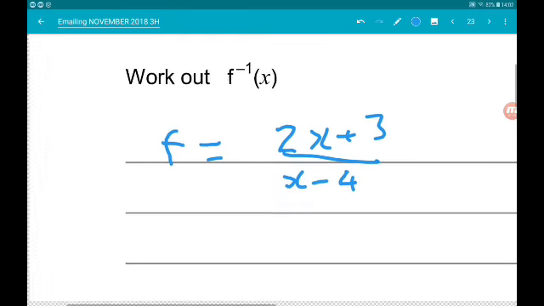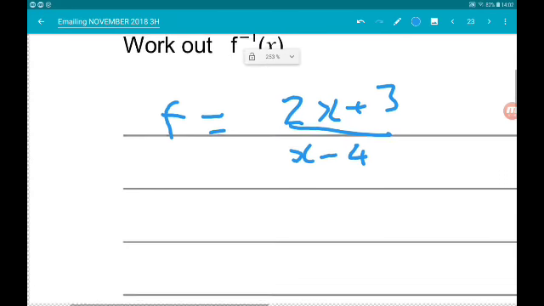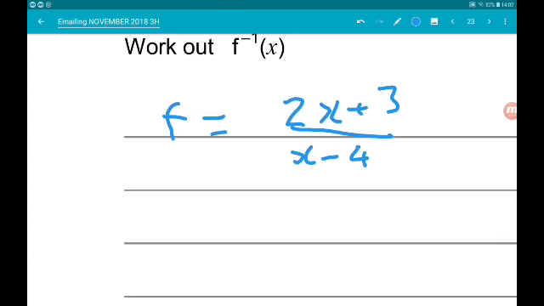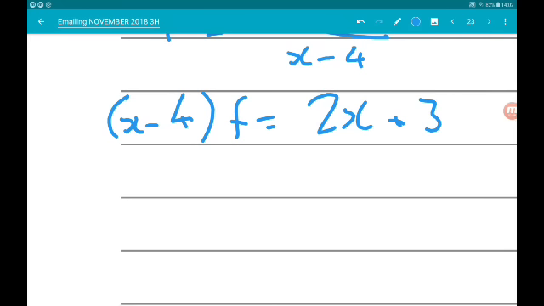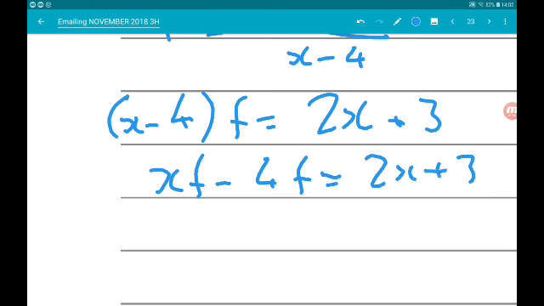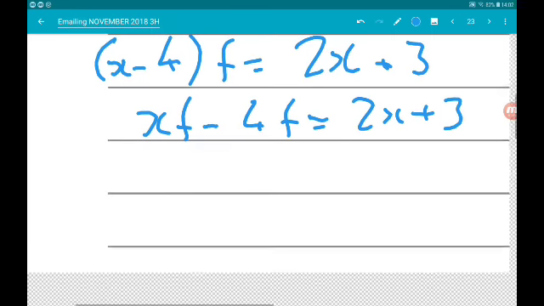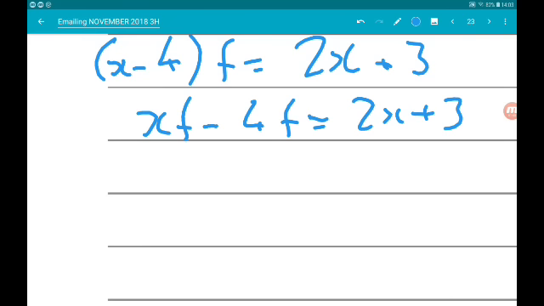So, multiply through by the bottom, so we get x minus 4 times f is equal to 2x add 3. Expand the brackets, xf minus 4f is equal to 2x add 3. We're trying to make x the subject, so we need to get the x terms on the same side.